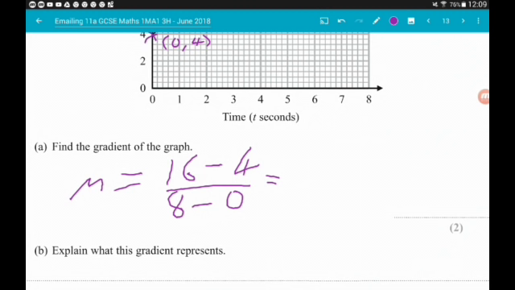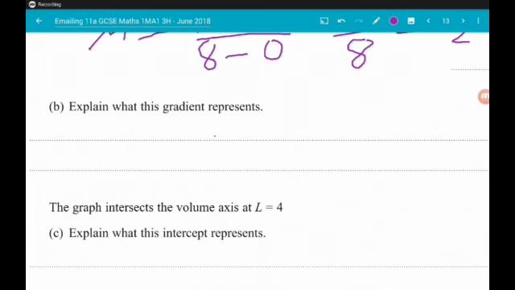So we got 12 over 8, which is 3 over 2. Cool.